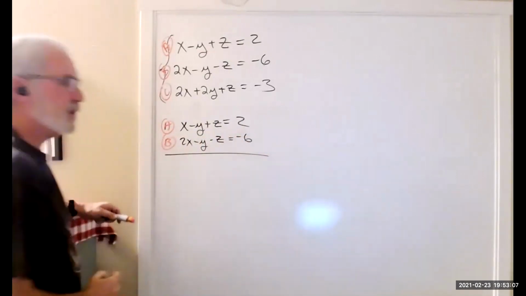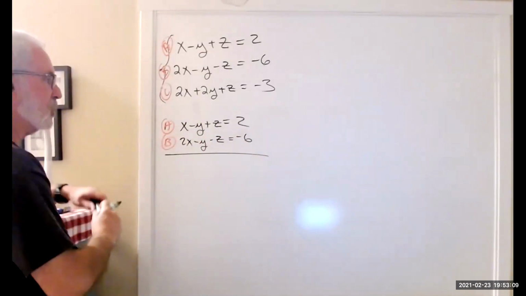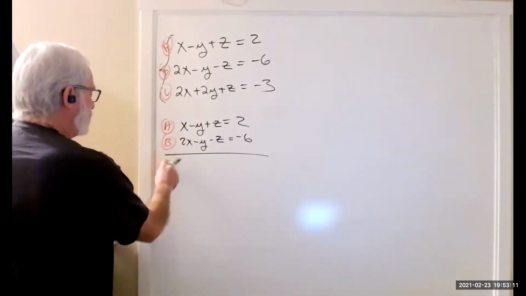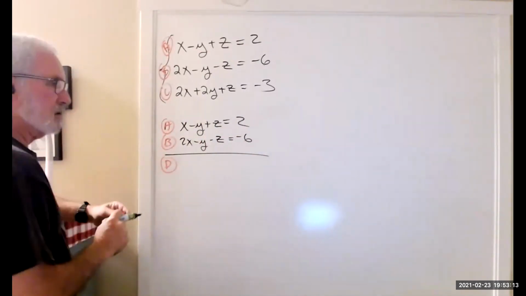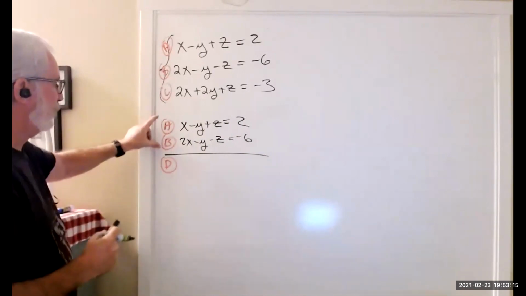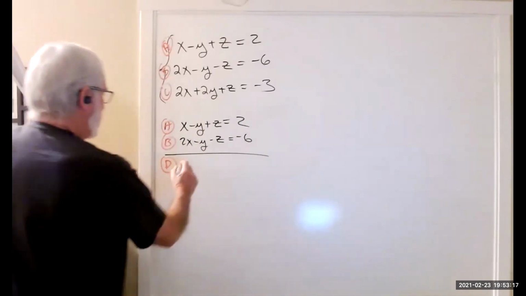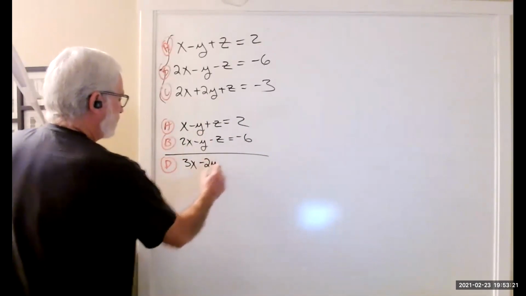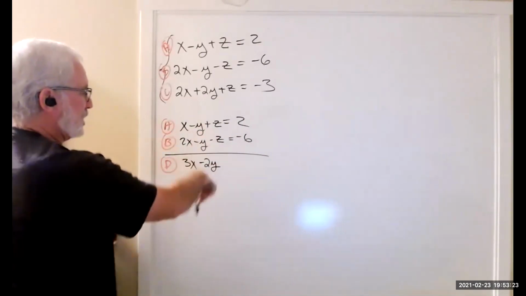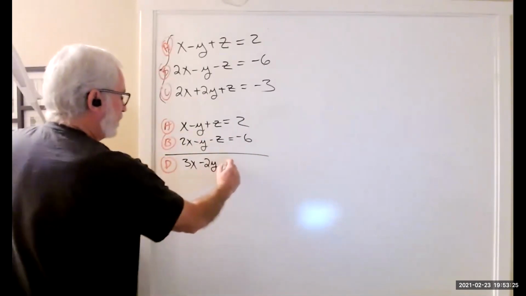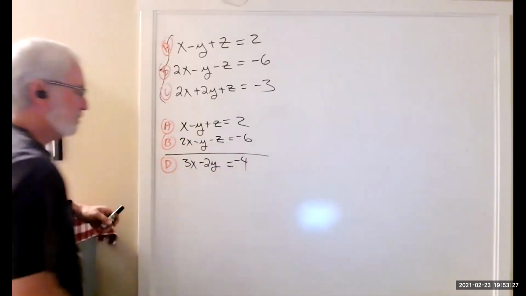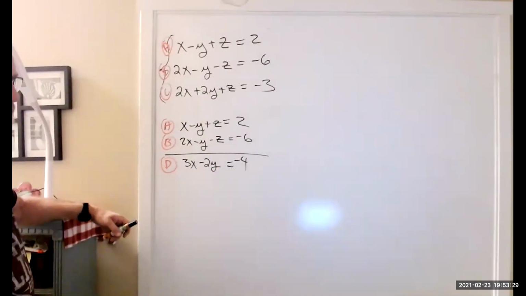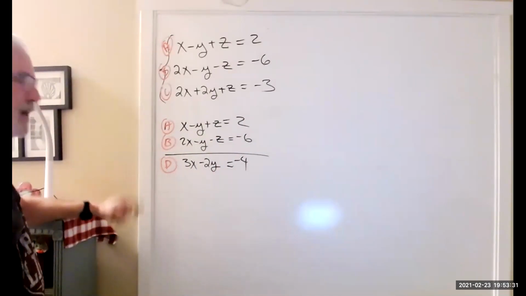I'm going to add these two together and create an equation D. By adding these two together, I have a 3x minus 2y, my z's canceled out, equals -4. Okay, and that's my equation D.